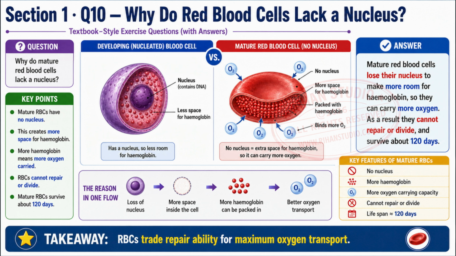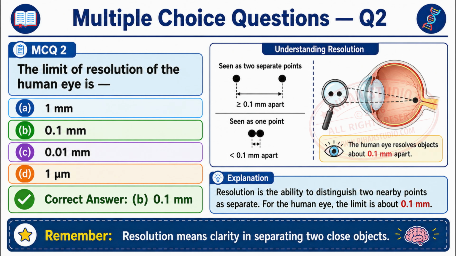The limit of resolution of the human eye is A. 1 millimeter, B. 0.1 millimeter, C. 0.01 millimeter, D. 1 micrometer? Answer: B, 0.1 millimeter.